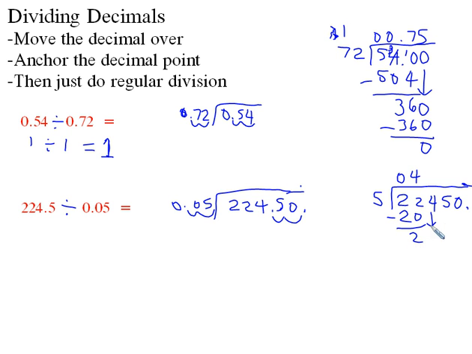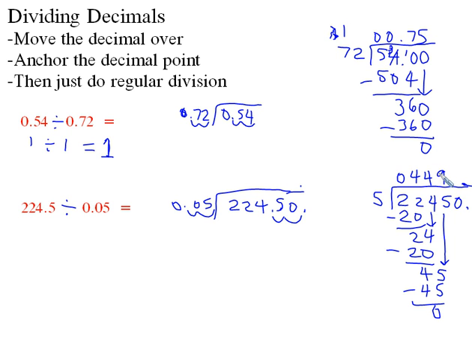So I bring down the 4. And I see again that I'm going to need that 4 again. 4 times 5 is going to be 20. I subtract. Now I've got to bring down that 5. 5 goes into 45 how many times? If I know my multiplication tables, I know it's 9. I have nothing left over, which is cool.